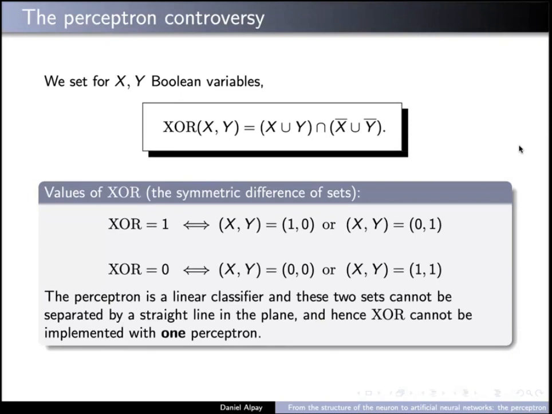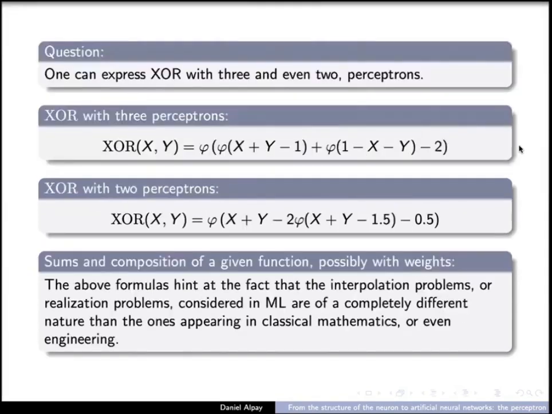But one thing was missing in the 60s, and what was missing was the feedback, what's called the back propagation. It was because of that, and not because of the perceptron controversy. But there was a lot of bad blood there. In any event, you can express XOR with 3 or even 2 perceptrons.